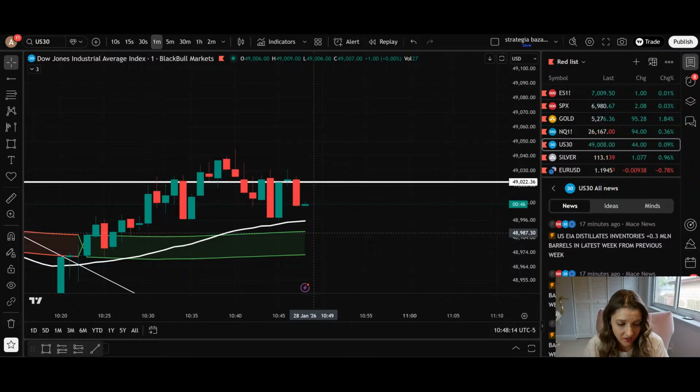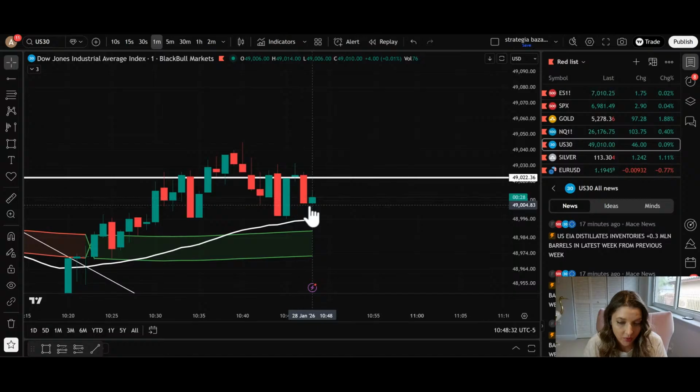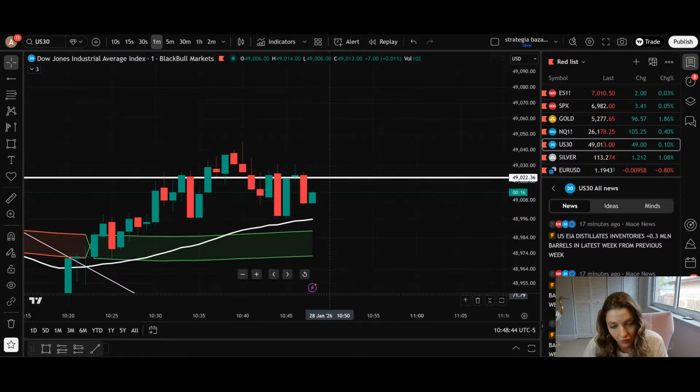It's a way of institutions hiding their orders, so you have to trade exactly in the moment when the candle is formed. You don't wait for this candle to close and see the numbers, and then this close, you see the numbers, and then you kind of have to trade right now. If it's formed, you see something and you trade it.